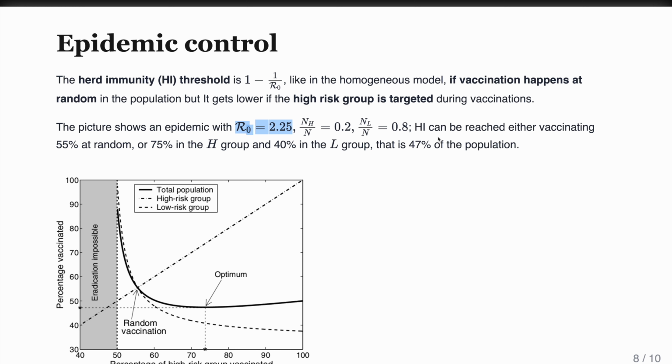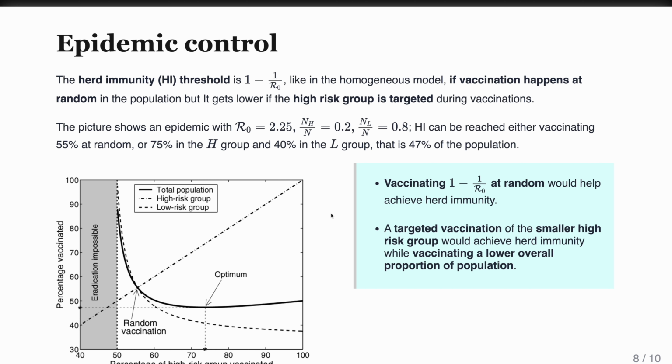It can be shown through calculation that I won't show here that we can reach the herd immunity threshold by vaccinating either 55% at random, as shown by the formula here, or by vaccinating 75% of people in the high risk group and 40% of people in the low risk group, which overall equate to 47% of the population, which is lower than 55.